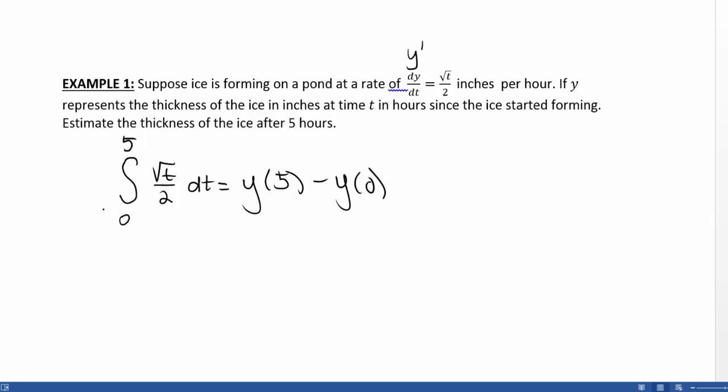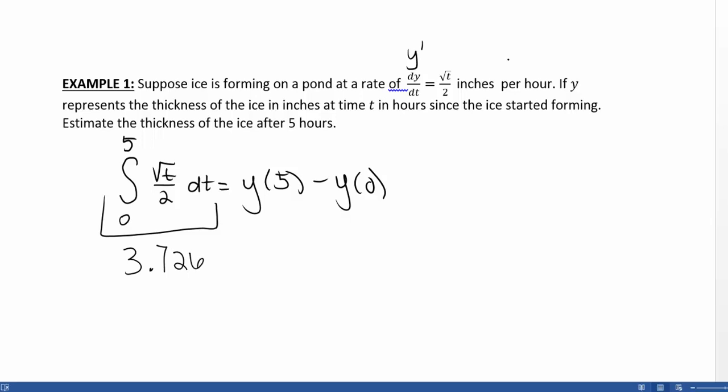So some of the pieces of how we use the fundamental theorem are the same as what we were doing before. So here we can compute this definite integral using our calculator. And if we plug everything in, we're going to get 3.726. Now let's talk about the units here.